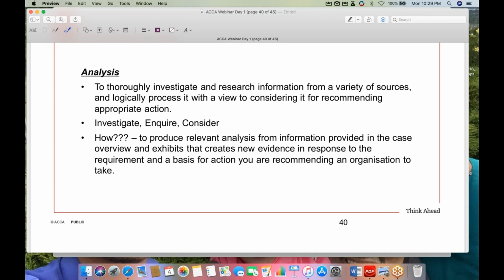Why do you need to do that particular analysis? When you do this particular analysis, all right, you are going to find out whether the financial situation is good or not. How are you going to find out whether it's good or not? You need some evidence. From where?